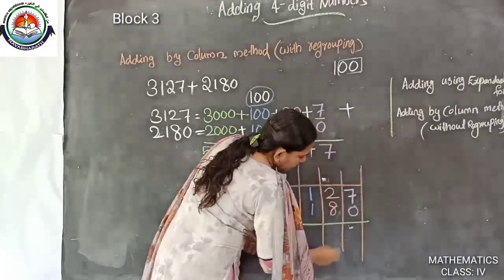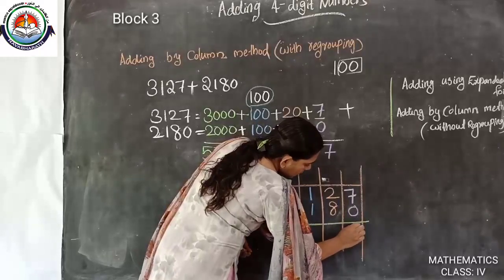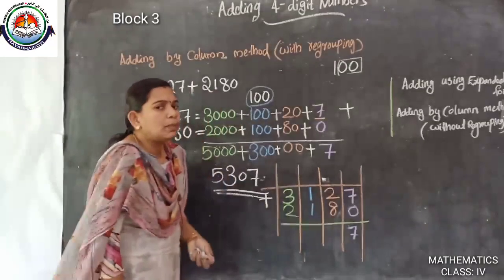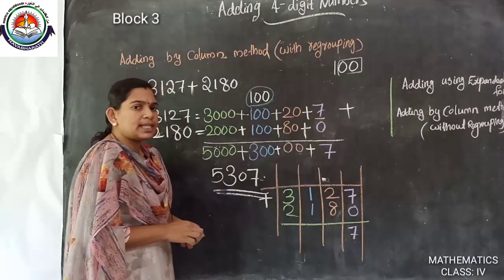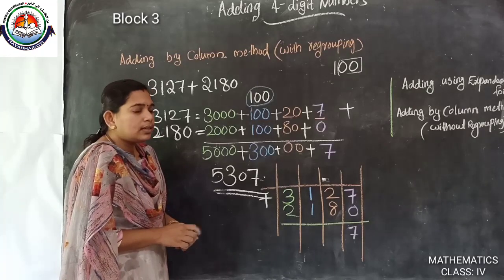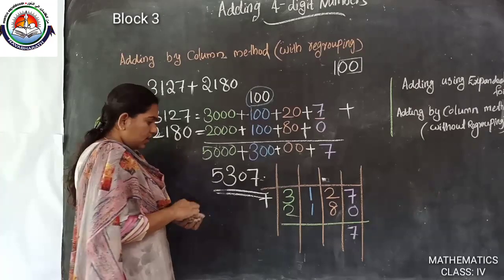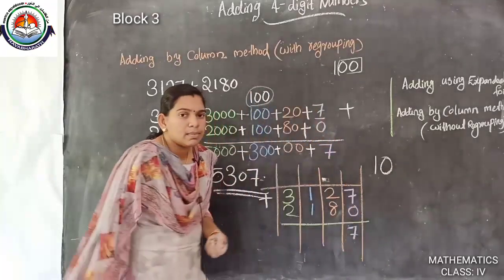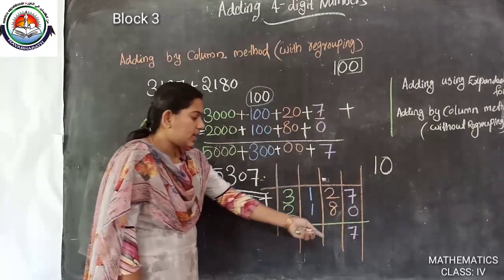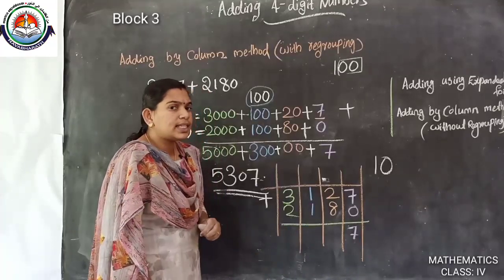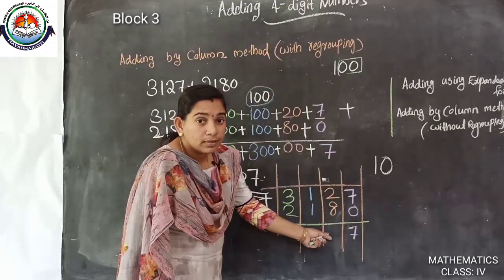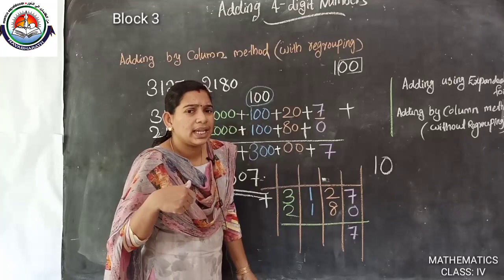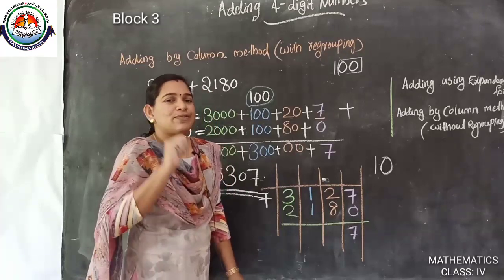7 plus 0, 7. 2 plus 8. What is the value of 2 plus 8? 10. Okay. 10 is a 2-digit number. So do we want to write 10 here? No. Which digit are we writing here? Say loudly. 0. Yes, very good.